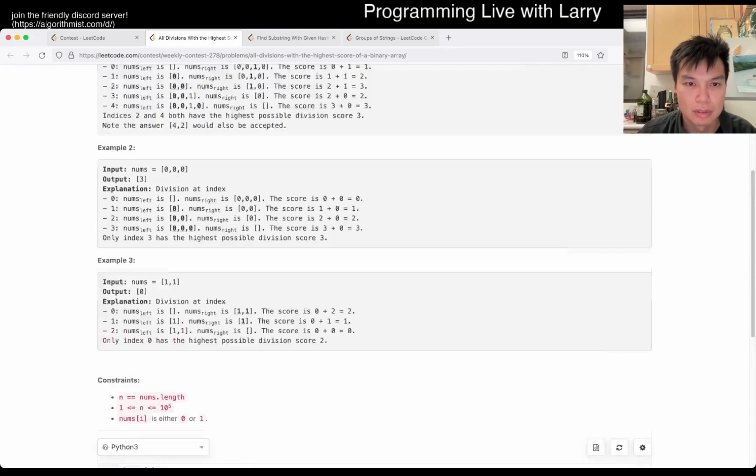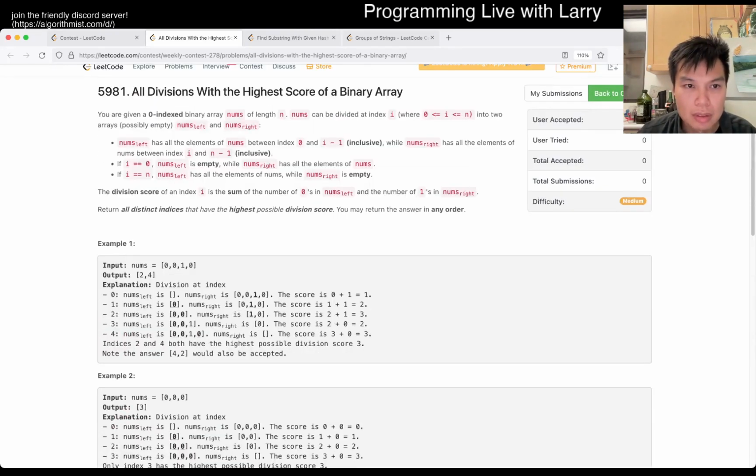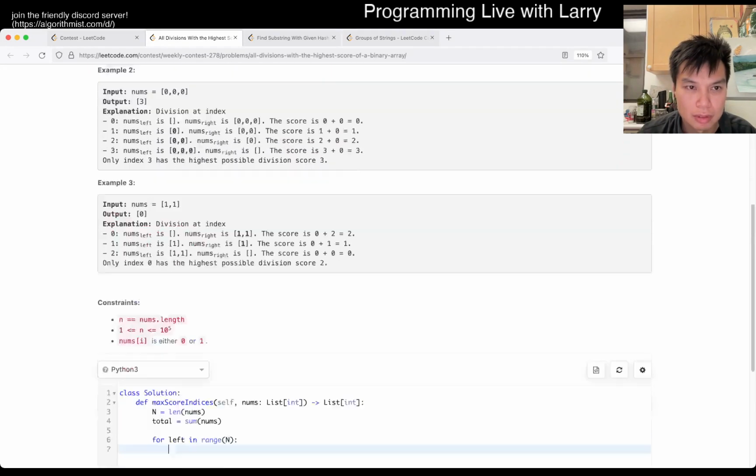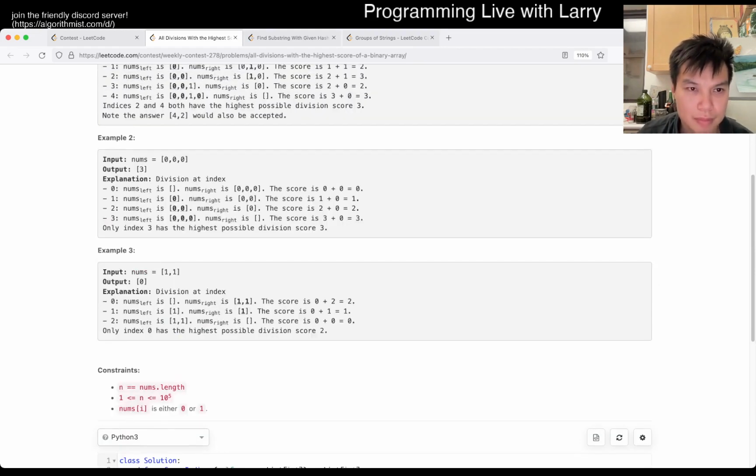Number of zeros, and so yeah, math is tough.